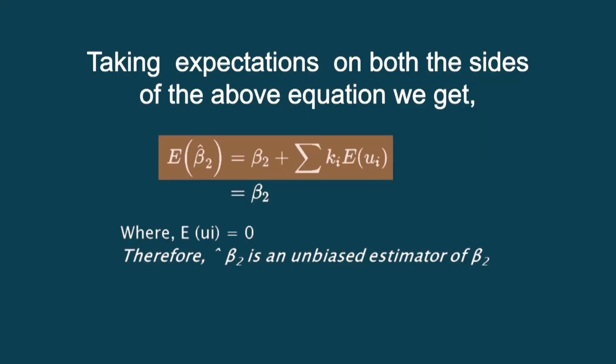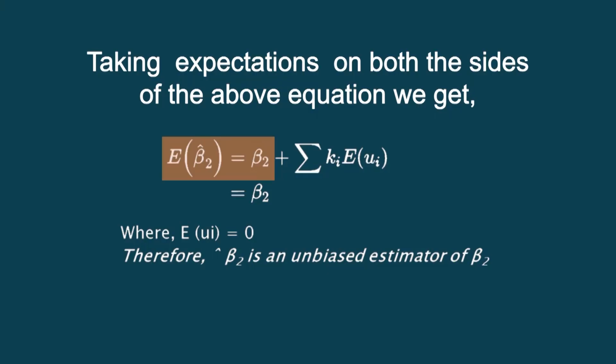What is this? This is basically coming up to be 0, because we know that summation of ki ui should not have any relationship. So when we take the expectation on both sides, why do we want to take the expectation? Because this happens to be a random variable and we want to take the mean. So after taking the mean of the slope coefficient, we end up with expectation of beta 2 hat, which is basically beta 2, the true representative of the population parameter, because beta 2 hat is the sample statistic.